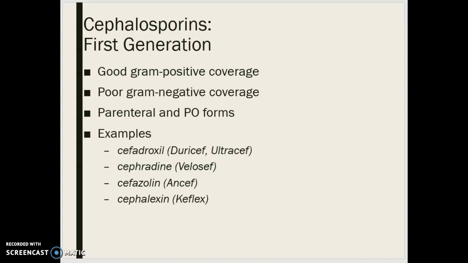Whereas in the higher generations, they tend to possess the reverse in their spectrum of activity. So our first generations you may recognize as Cefazolin or Cefadroxil and Cephalexin, Keflex.